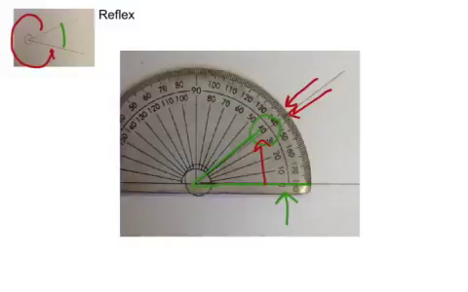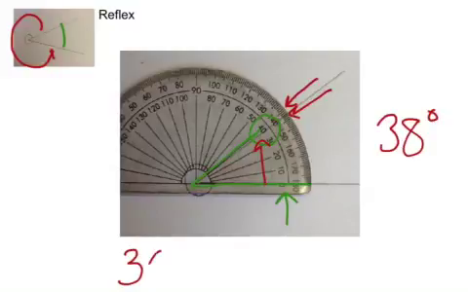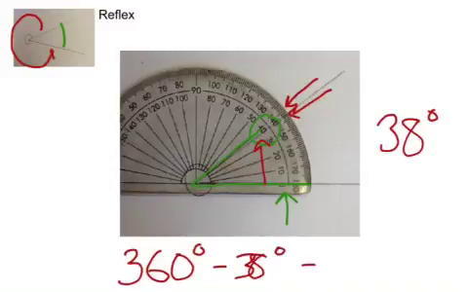So the angle on the inside there is 40 minus 2, which is 38 degrees. However, our angle that we're looking for is a reflex angle. So my angle is 360 degrees minus 38, which is 322 degrees.